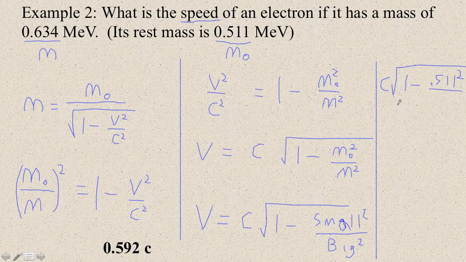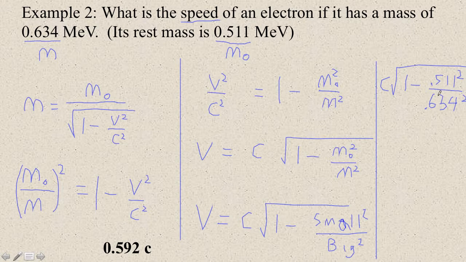This is the dilated mass, the big guy. Okay, so if I do this, I'm not even going to put the speed of light, 3 times 10 to the 8th, I'm just going to find what's in the radical. That's all I'm doing here. So I'm going to go square root of 1 minus 0.511 squared divided by 0.634 squared.